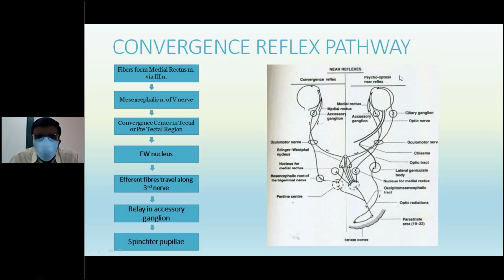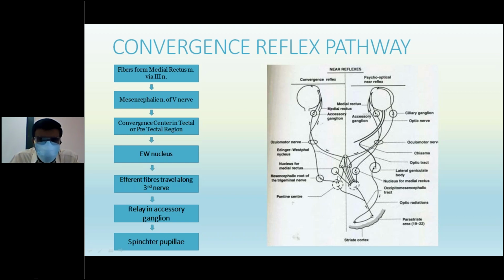So, the convergence reflex pathway. This is the medial rectus muscle. Fibers from the medial rectus reach the third nerve, the oculomotor nerve. From there, it reaches the mesencephalic nucleus, and then the pontine region of both sides.